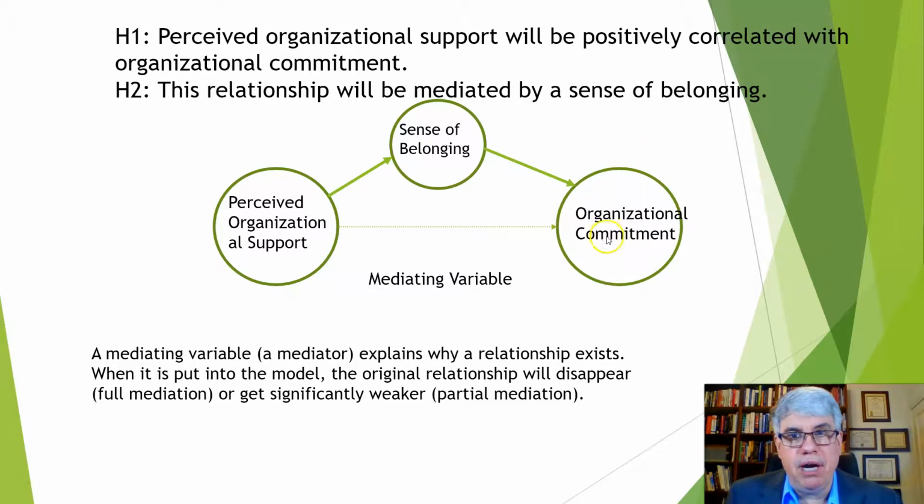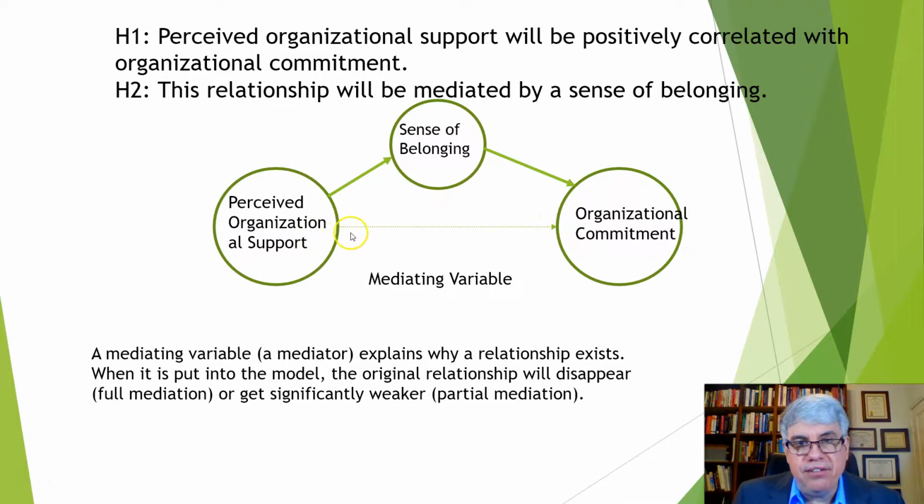Now, the way that we can represent mediation is that we've got the original relationship here with this dotted line, but if we've got a mediator, we've got a strong correlation between perceived organizational support and sense of belonging, and a strong relationship between sense of belonging and organizational commitment, even when we put both perceived organizational support and sense of belonging into the regression analysis.